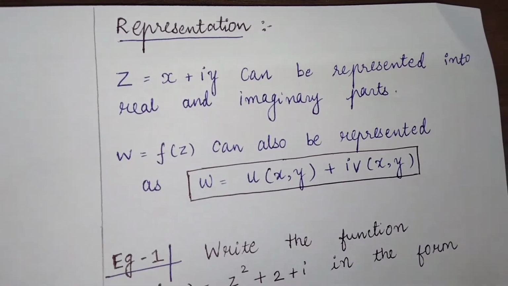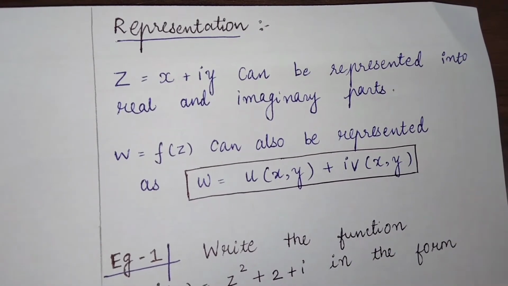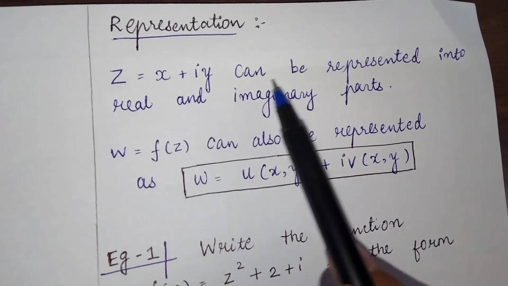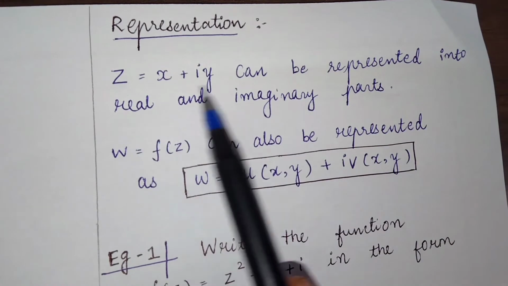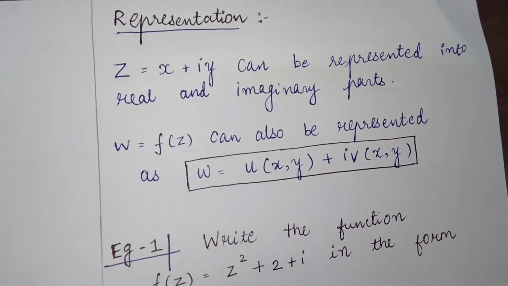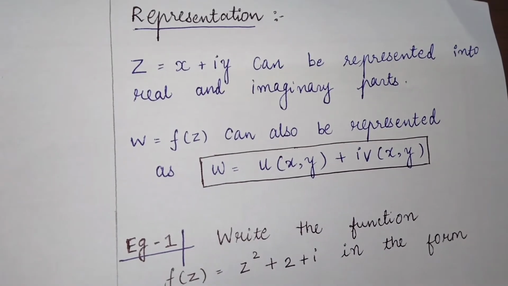So now the representation of z, we already did this, that z equal to x plus iy can be represented into real and imaginary parts. So this is the real part and this is the imaginary part. We already did this in the previous lecture.